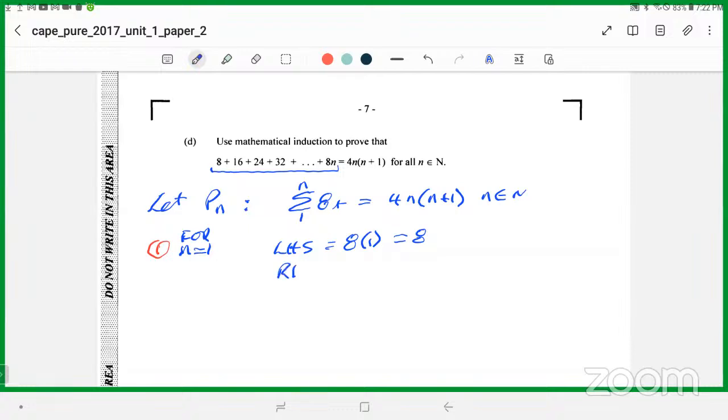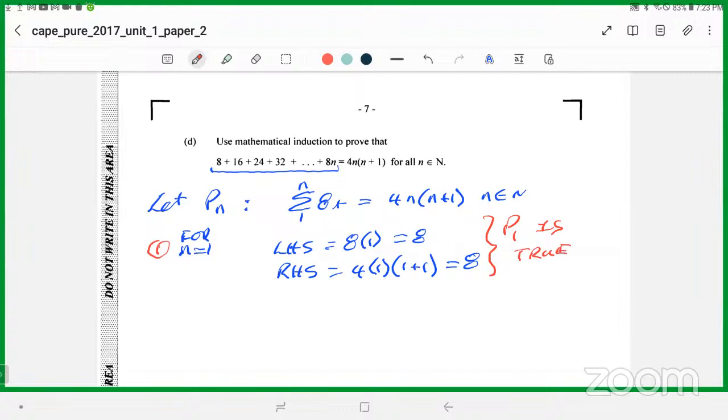And the right side is 4 times 1 into 1 plus 1, sorry, because this n is 1 and this n is 1. So this also works out to 8, because it becomes 4 times 2. So they're giving us the same value. So P1 is true. The statement is true for n equals 1.